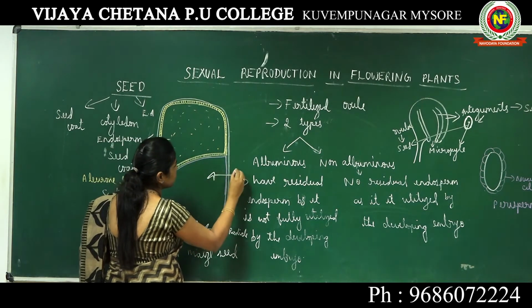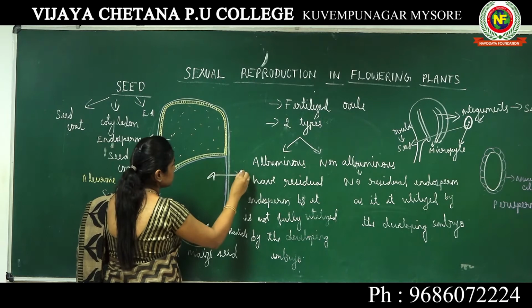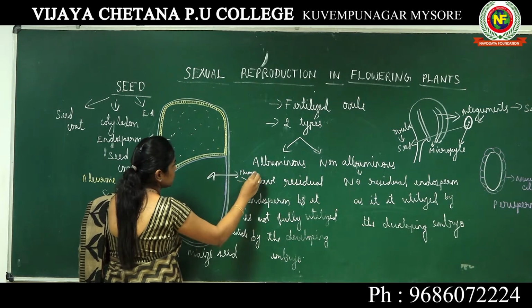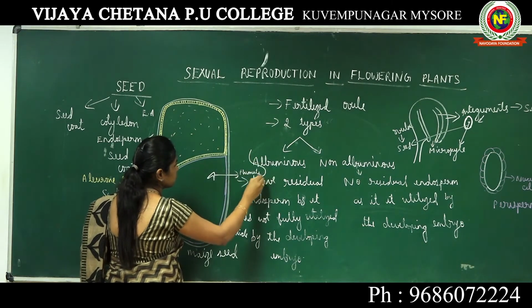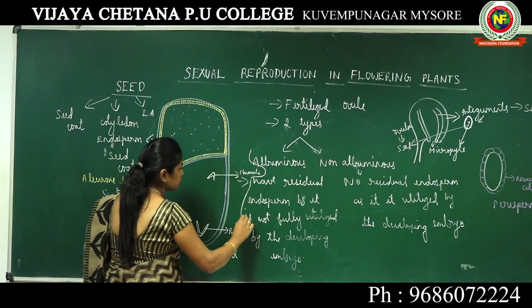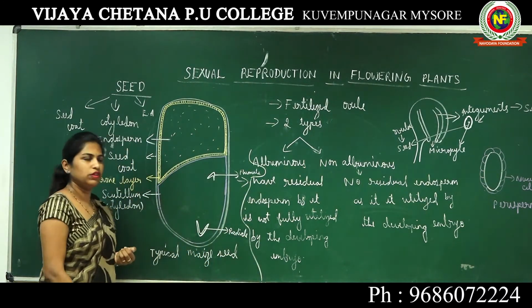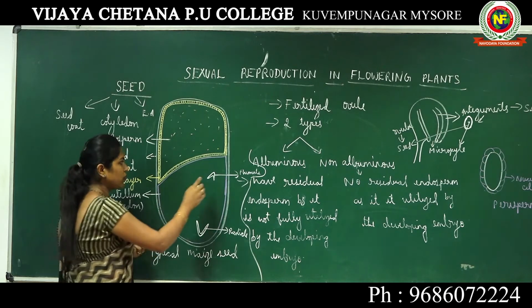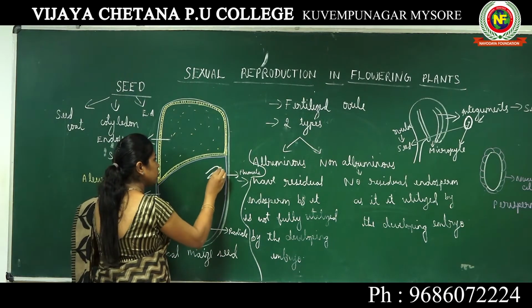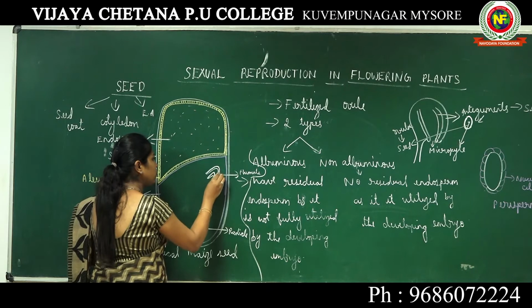We have the plumule, which is the shoot tip. Surrounding the plumule we have a few leaf primordia.